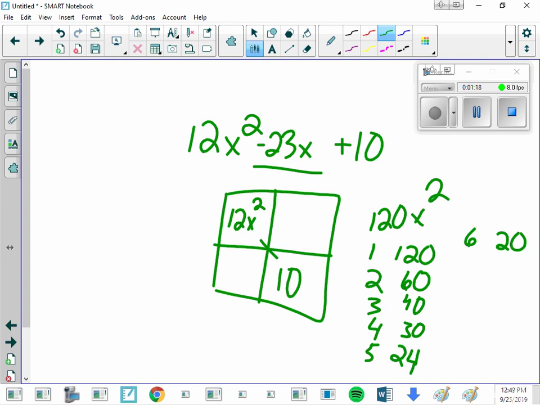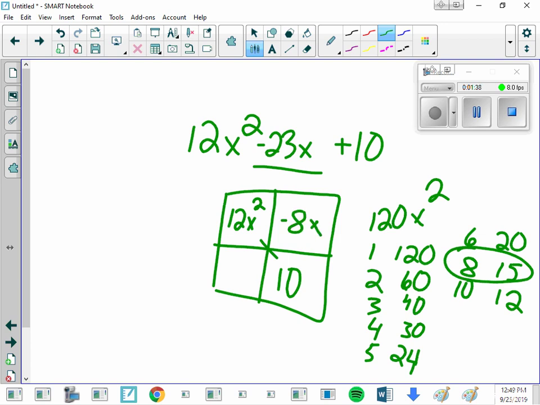What about 8? Yes. 8 and 15. 9 doesn't work. 10 and 12. Can we create a negative 23 using one of those? Negative 8 and negative 15. Good.